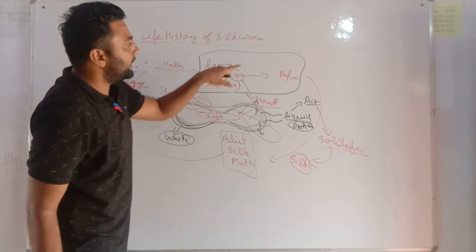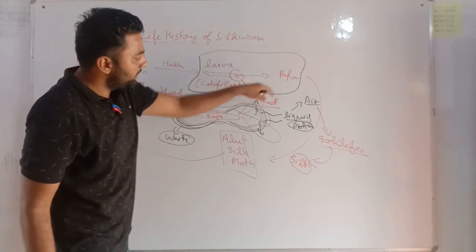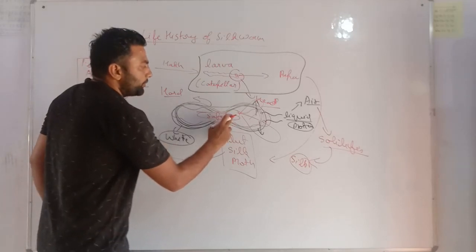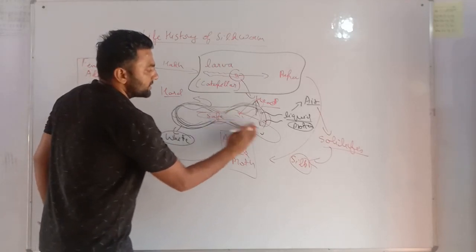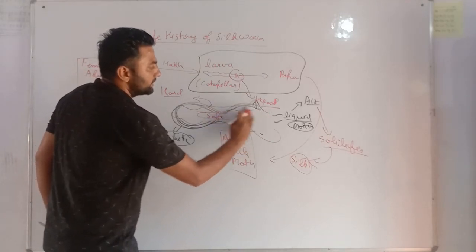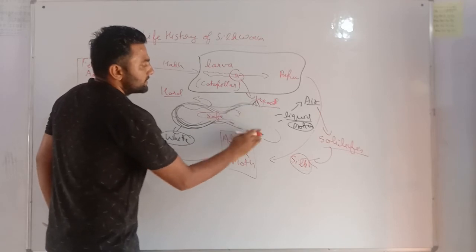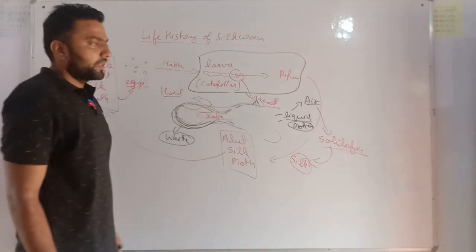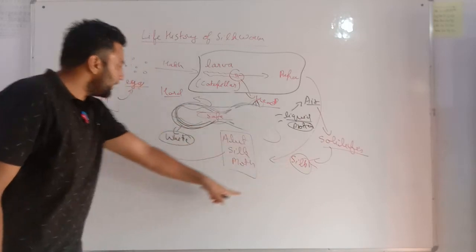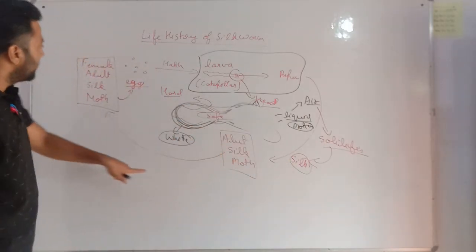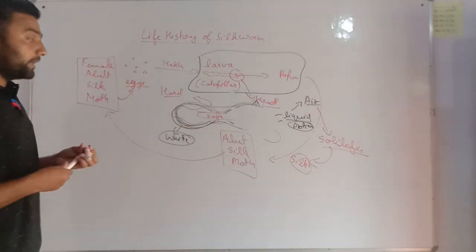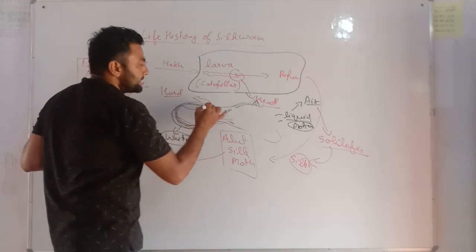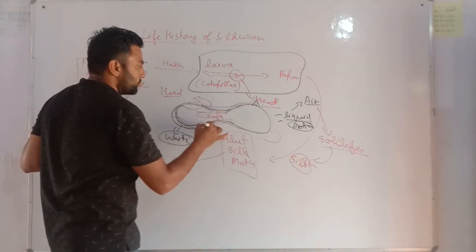Slowly the caterpillar develops into a pupa. After becoming a pupa, it breaks out of this silk protection and becomes an adult silk moth and gives eggs. Very important, when it is inside, this is known as the cocoon.